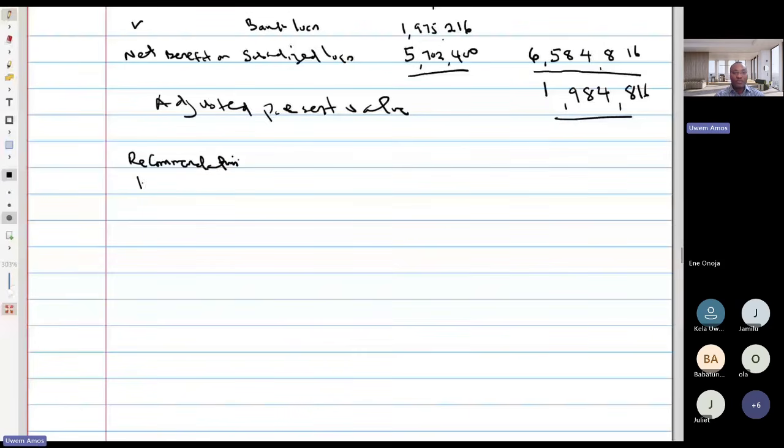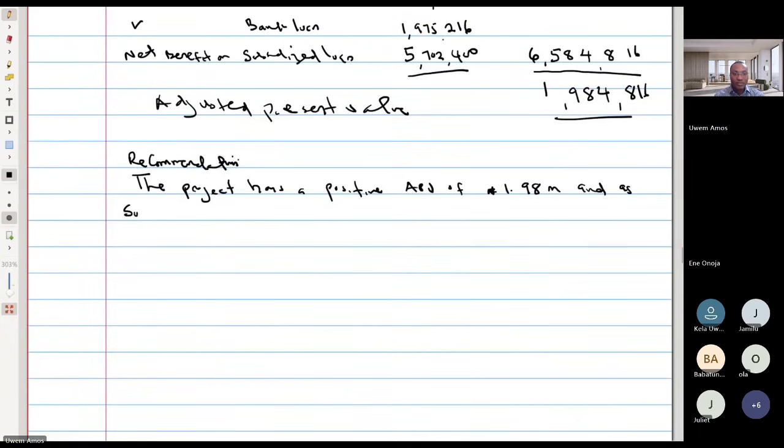The project has a positive APV of 1.98 million, and as such should be undertaken. All right, guys. So that's APV.